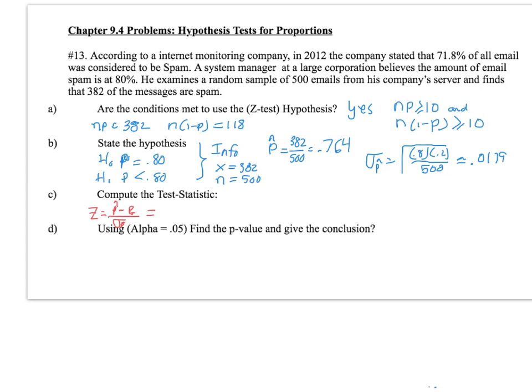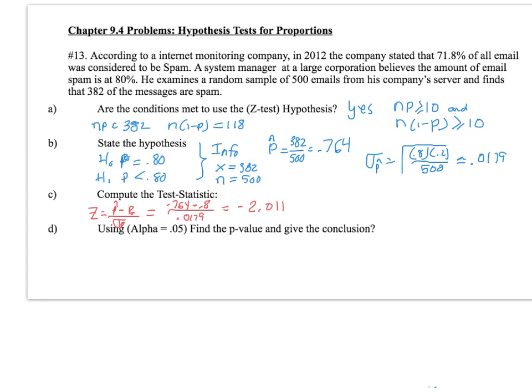And in this case, we get 0.764 minus 0.8 divided by 0.0179. And we get a Z value of a negative 2.011.